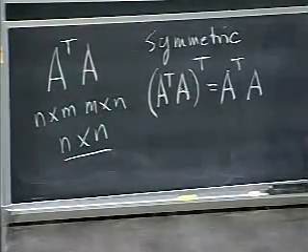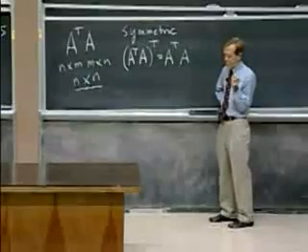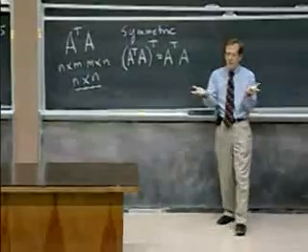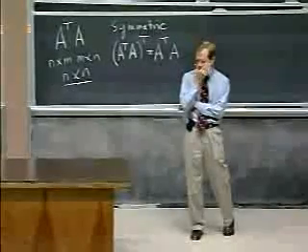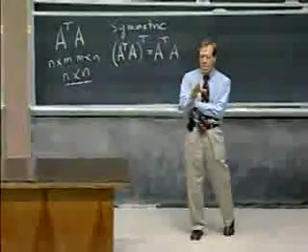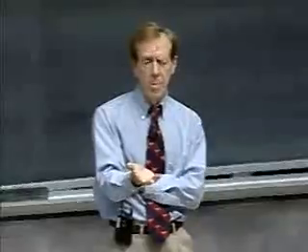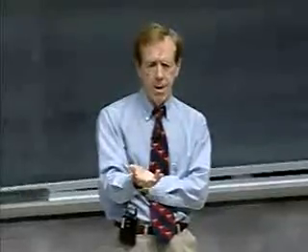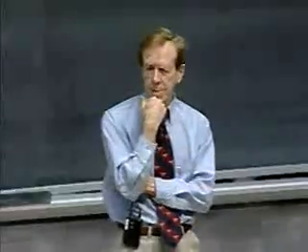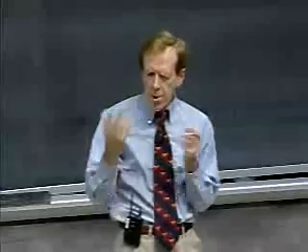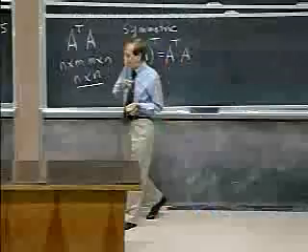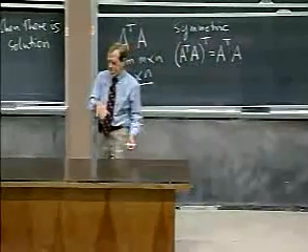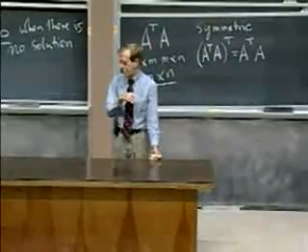Good. Now, we now know how to ask more about a matrix. I'm interested in, is it invertible? If not, what's its null space? Well, I shouldn't do this, but I will.